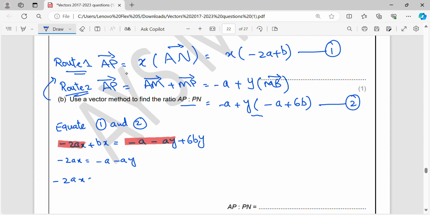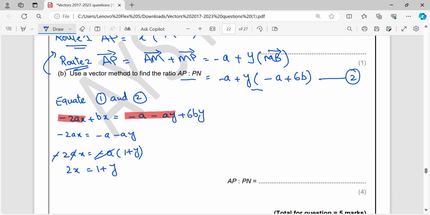Taking minus A common, minus A times 1 plus Y. Negative A cancels with negative A, and what is left is 2X equals 1 plus Y. Making Y the subject, 2X minus 1 equals Y.